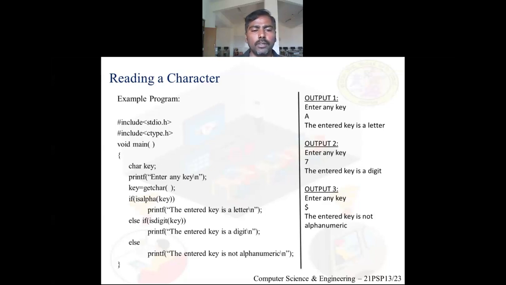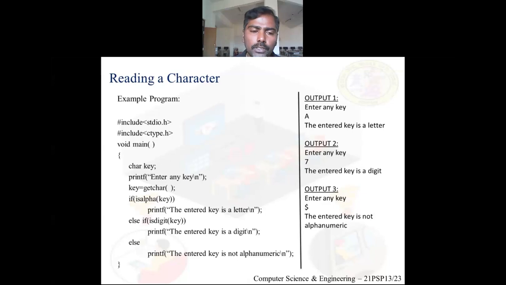Now, isdigit returns true if that character is a digit, otherwise it returns false. Let me consider the second output. You might have entered 7. Then we'll see the second message: the entered key is a digit.